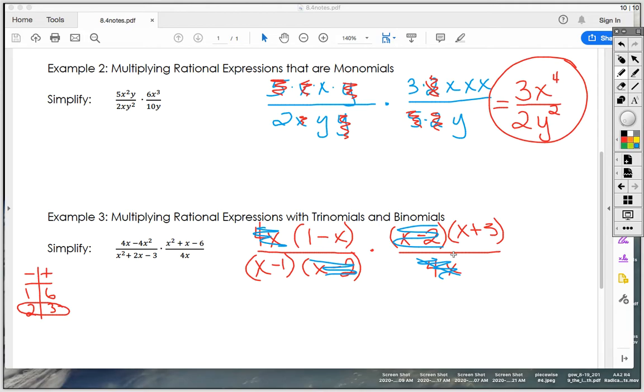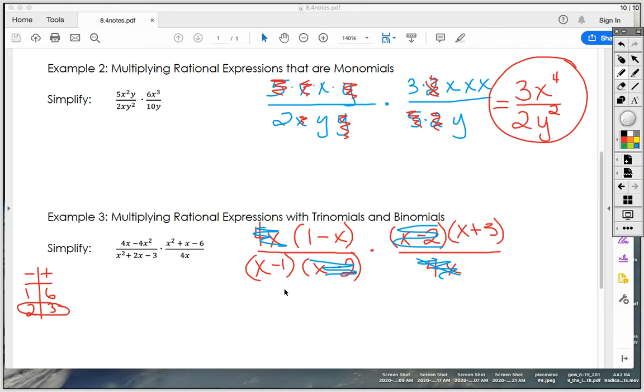My question to you is, is 1 minus x the same thing as x minus 1? No, it's not. It's the same as negative 1 times x minus 1, but they are not the same things. If they were a plus sign, then it would be okay. We are going to leave them as they are.